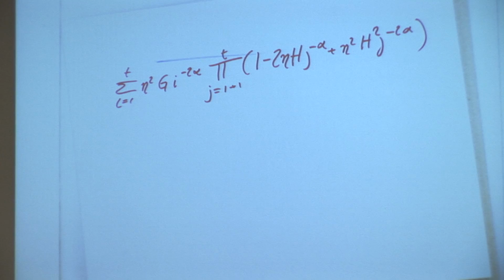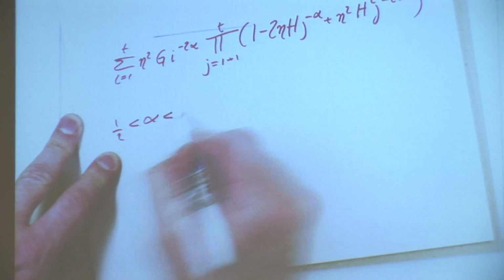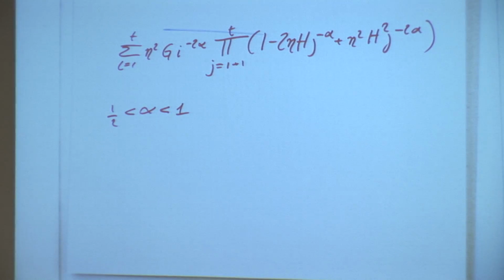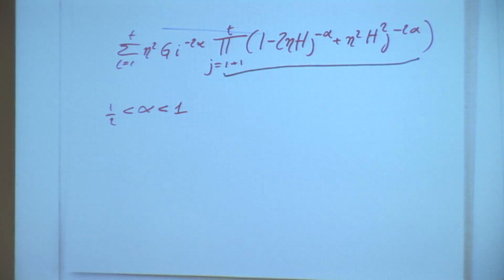And the complexity here is that we have to look at several cases. Well, first of all, I'm going to take the case where alpha is between 1/2 and 1. And I'm going to look at this part here, pretty much like I did here. So it's actually the same. If I take the log, it's the same, except that I start from j equals i plus 1 instead of 1.